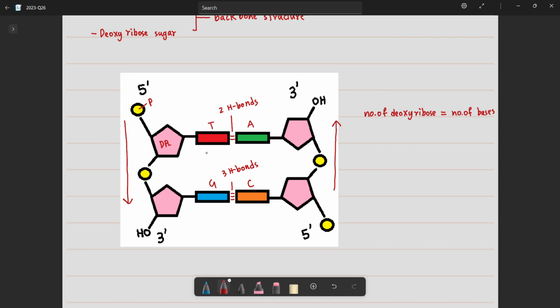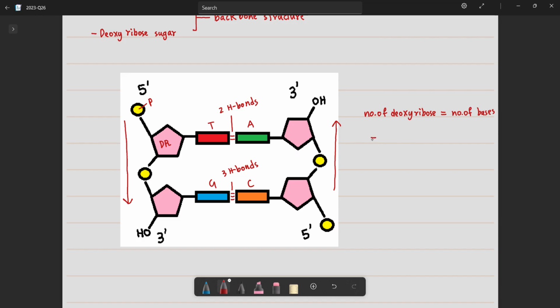As we can see clearly in the diagram, there are four deoxyribose sugars, so there are four nitrogenous bases total. That's why the total number of deoxyribose sugars is equal to the total number of bases.